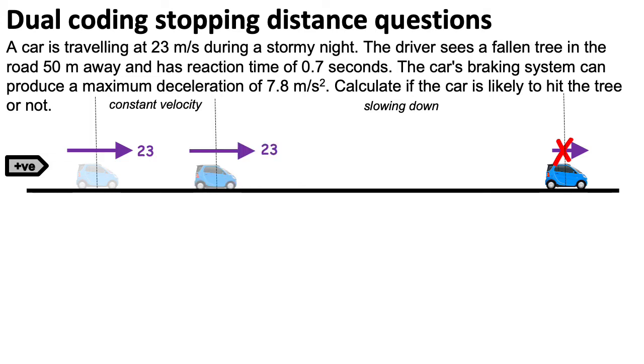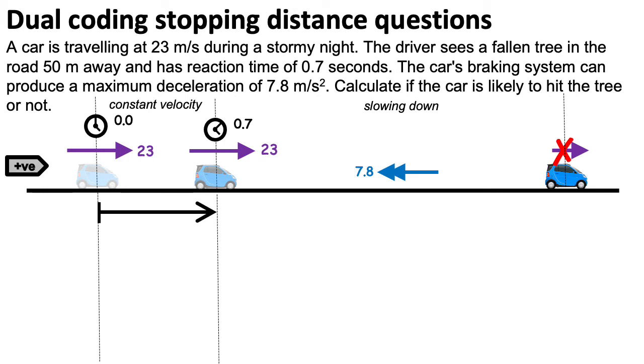And we can indicate this very clearly using the dual coding convention I've outlined previously. So let's look at the times that we know and indicate it with the clock faces there. And the acceleration is of course a negative acceleration since we're starting with a positive velocity and it's slowing down.